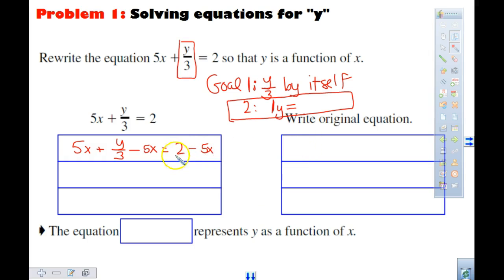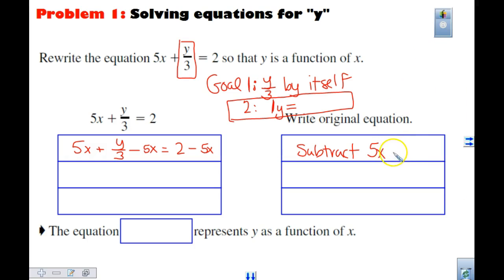Are 2 and negative 5x like terms? Can we add them together? No. So our justification over here is we are subtracting 5x from both sides of the equal sign. There's no 5x on the other side, it is 0x.